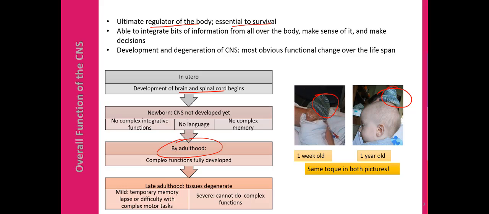With the brain and spinal cord tissue degenerating, sometimes a person has a temporary memory lapse or difficulty with complex motor tasks. If the brain degenerates even further, the person is no longer able to do those complex tasks.